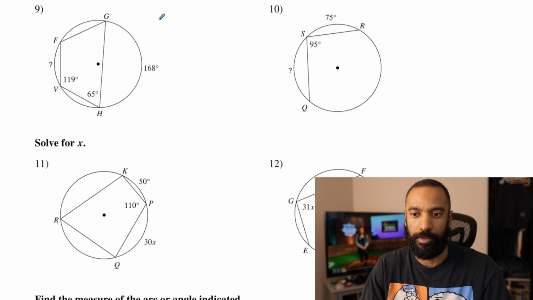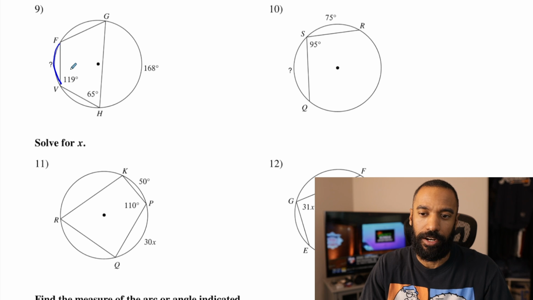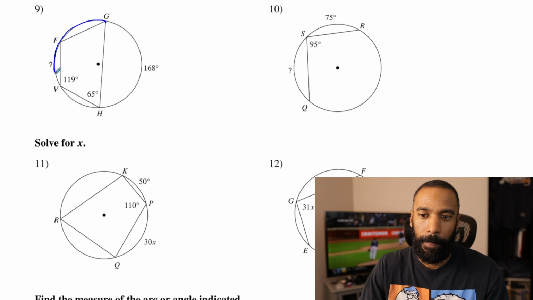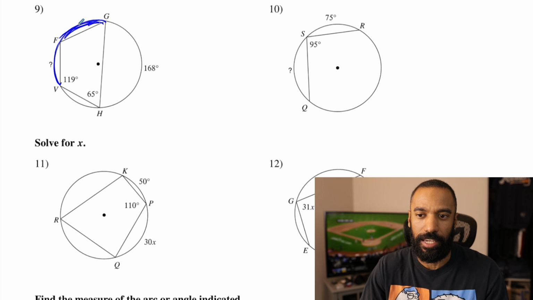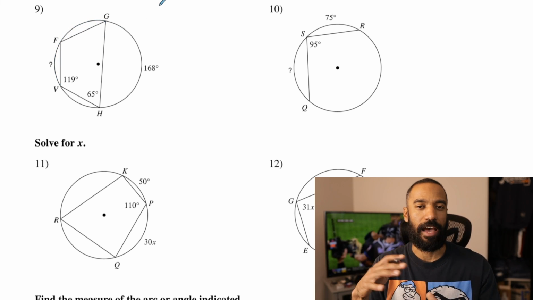But the basic premise for me as I'm looking at this and strategizing, more than one way to solve this, is that to find this right here, this is a portion of larger arcs, such as this one right here. So it's like, okay, if I could only find out what this is right here, then I could take that away from something.